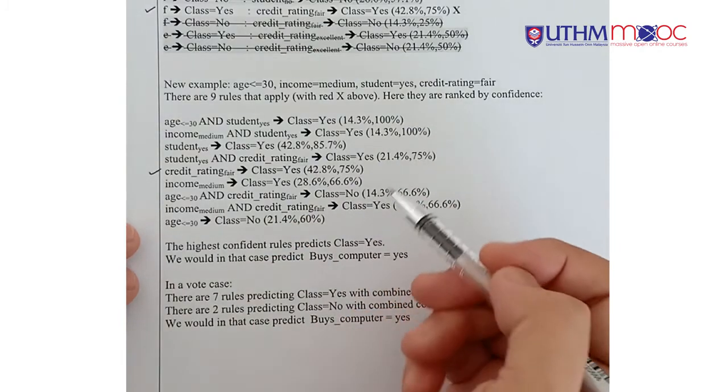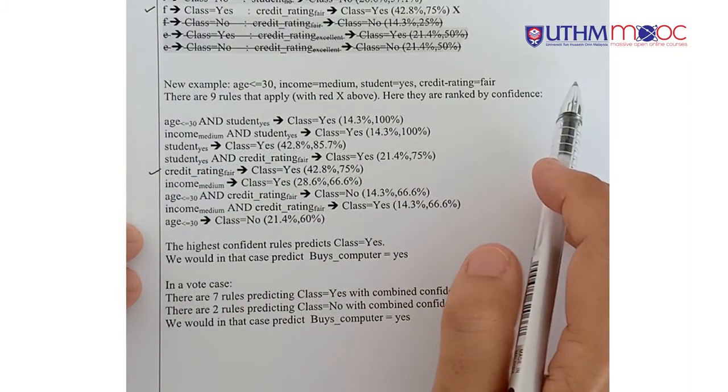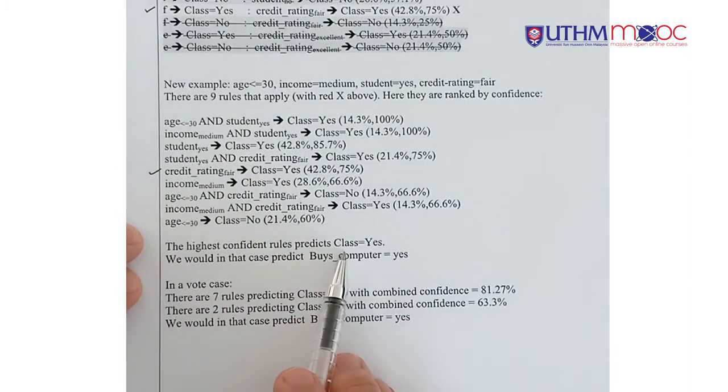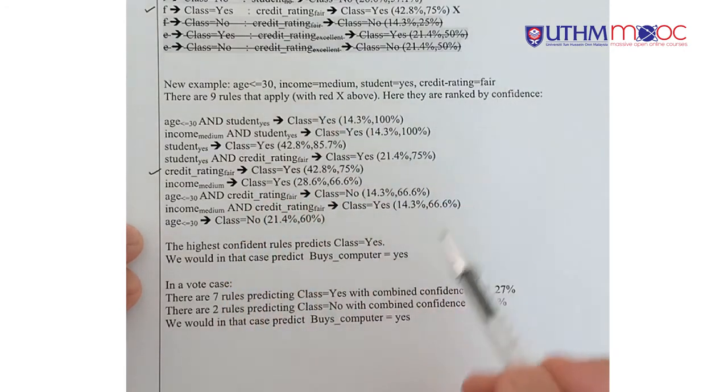Yeah, that's the highest one. So given this test case, the highest confidence rule will predict a yes. That means in association rule mining in the question, we will predict that this person will buy a computer.